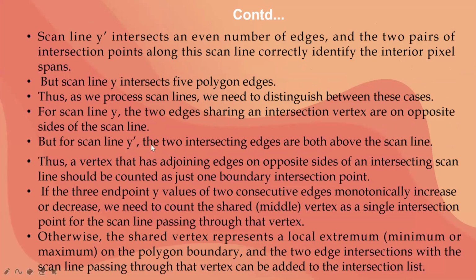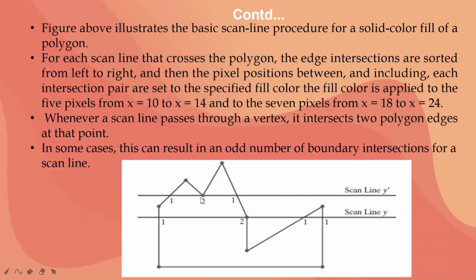So scan line y dash is intersecting 2 edges, but it is touching one vertex point here. Similarly here also, this is 1, 2, this is 3, so it is hitting 3 edge lines and one vertex point.